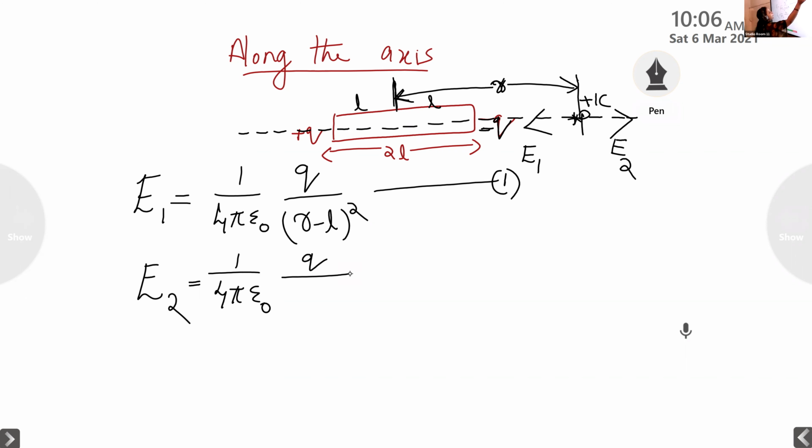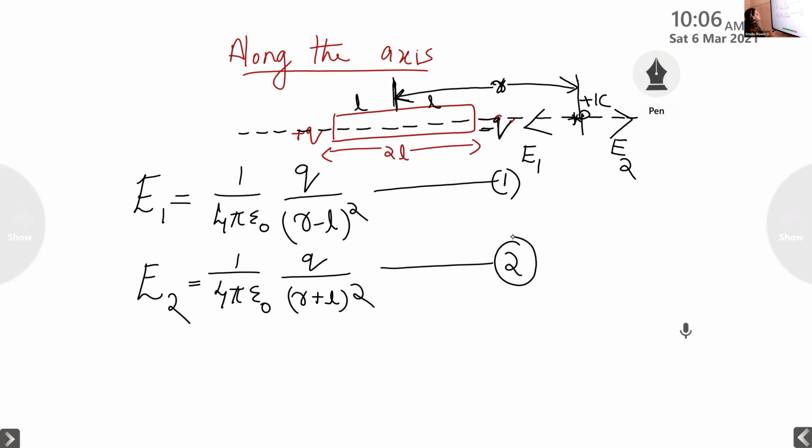From the point P to the center of the dipole, the distance is R, and the distance from the charge plus Q to the center of the dipole is L. That is R plus L the whole square. This is our equation number 2. Clear?